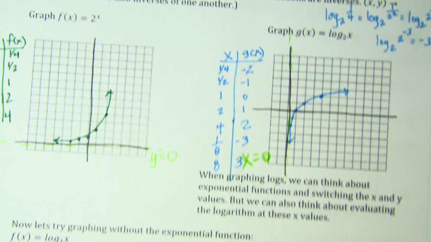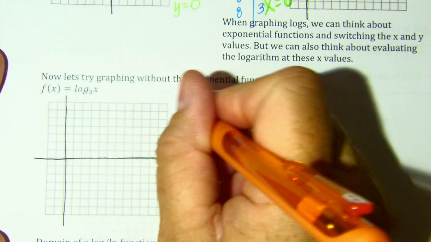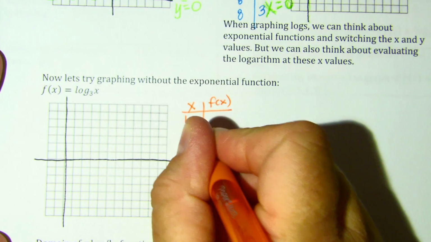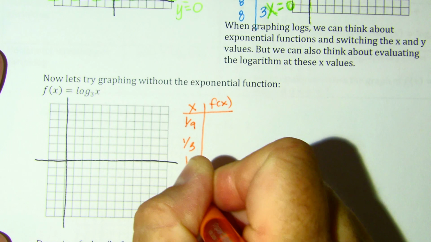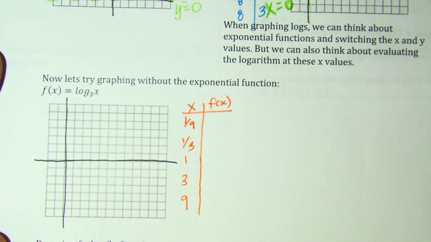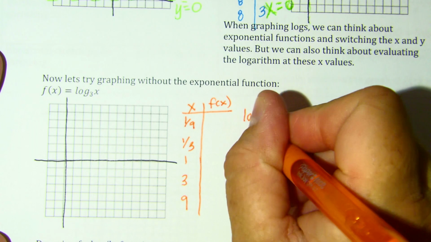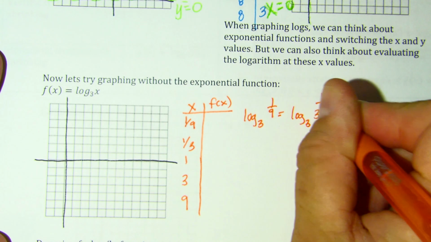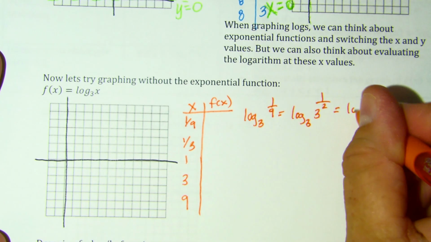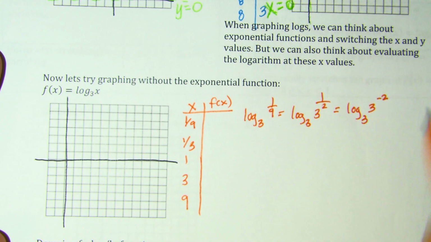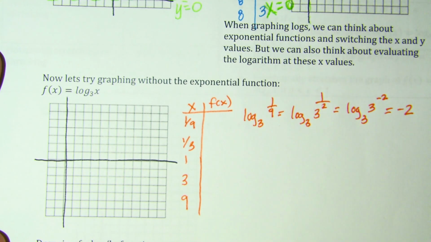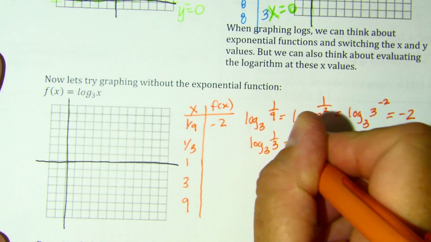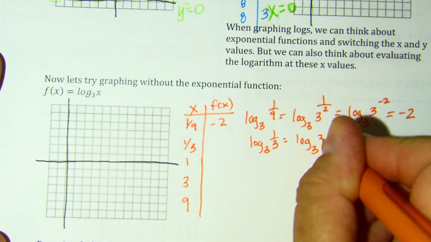In this next example, when my base is 3, I'm going to use 1/9, 1/3, 1, 3, and 9. And if I plug in 1/9, log base 3 of 1 over 9, well, that's the same thing as log base 3 of 1 over 3 squared. Moving that up, log base 3 of 3 to the negative 2 power. So that's equal to negative 2. 1/3, log base 3 of 1/3, that's the same thing as log base 3 of 3 to the negative 1 power.